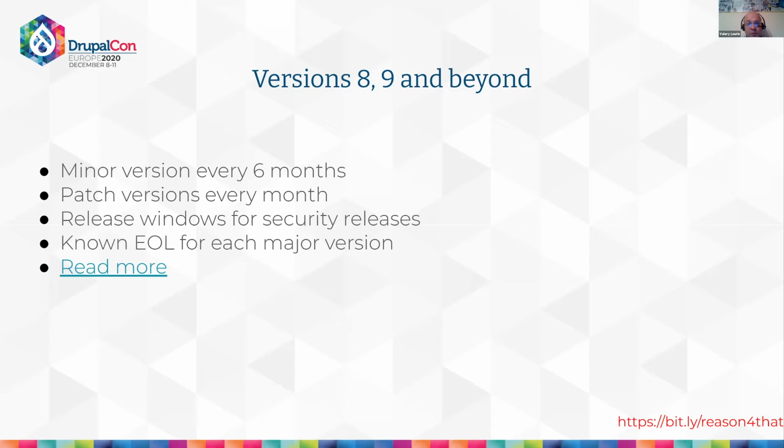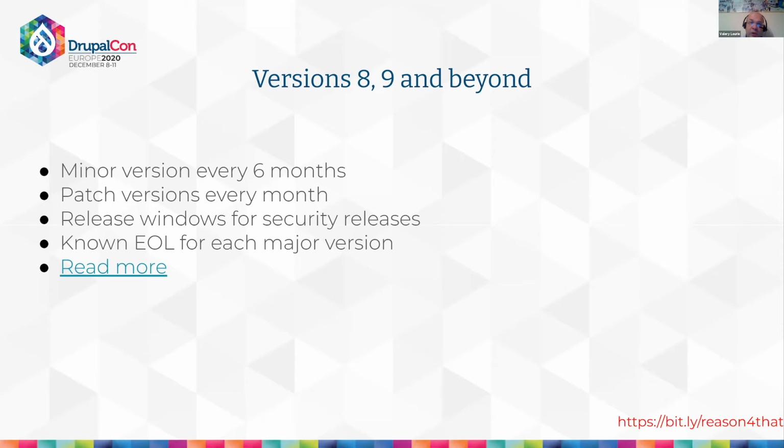We have patch versions every month. And we have a clear definition of what a minor version is, which changes are allowed in minor versions, and which changes are allowed only in major versions. Patch versions are mostly bug fixes. And if there are new features in patch versions, they absolutely must be backwards compatible.